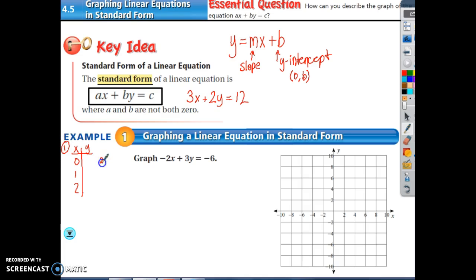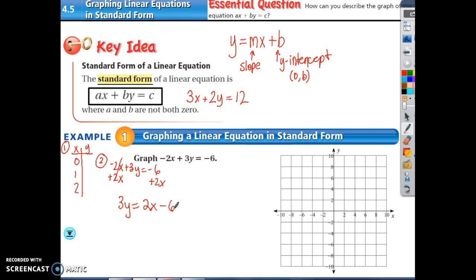So instead of using a chart, you could take your equation and get the y by itself. To do that, the first thing I'm going to do is move my 2x over by adding it. I have 3y is equal to positive 2x minus 6.